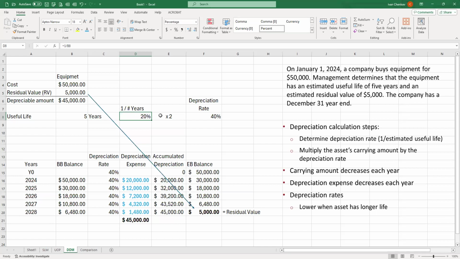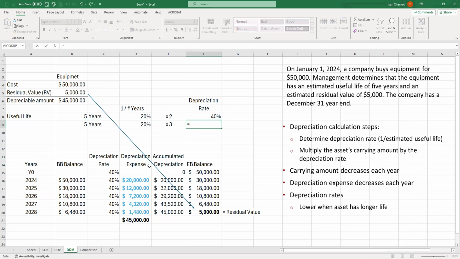Now, because we want to accelerate the depreciation, we can use double declining. If you want to accelerate it even more, we can use triple declining. If we're using triple declining, there's no change in the useful life. We're still going to have exactly the same life, but our depreciation rate will be different: 20% times 3, so the depreciation rate will be 60%.